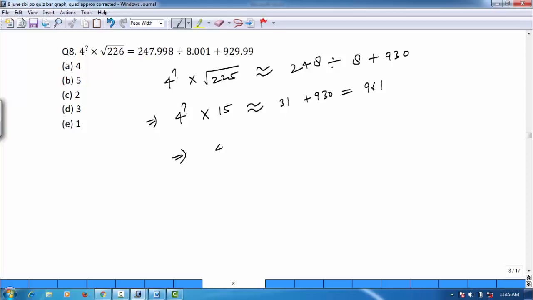This implies 4 to the power question mark is approximately equal to 960 upon 15, is equal to 64, that is equal to 4 to the power 3. So equating the value of powers gives us the value of question mark as 3. So the right answer is D.